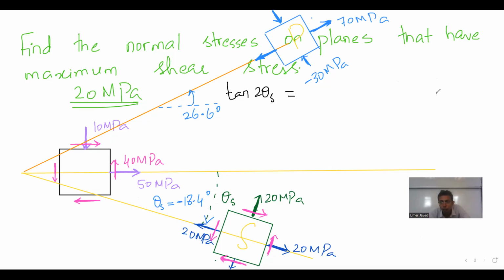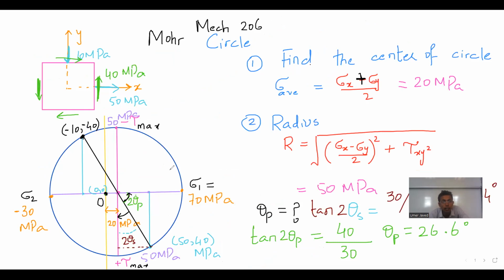And for homework, I can give you a problem and ask you to find the stresses at an element that is 30 degrees to this one. So we will tilt this line 60 degrees. Forget about that.